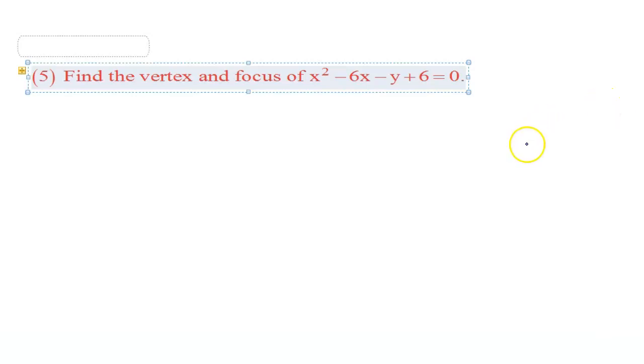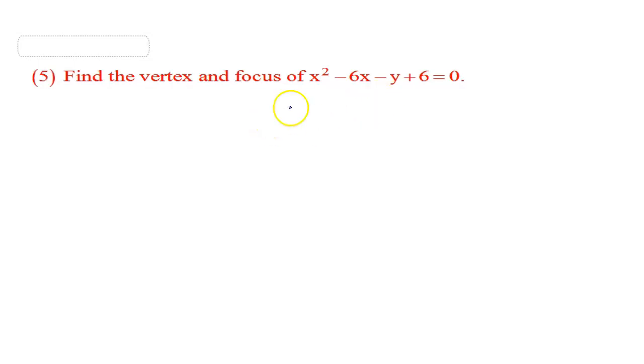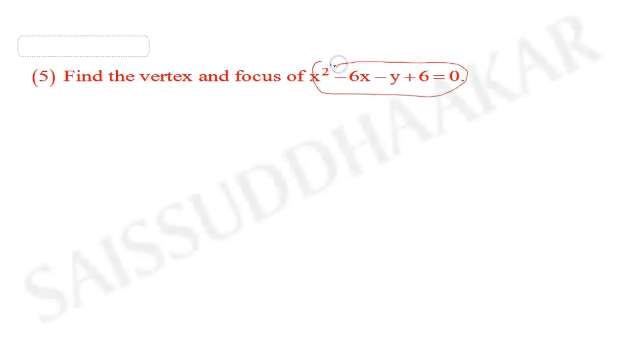Right. Now go for question number 5. Find the vertex and focus of the given parabola x square minus 6x minus y. Here the question is wrong; we just need to make it right.